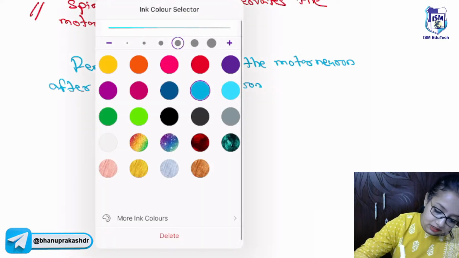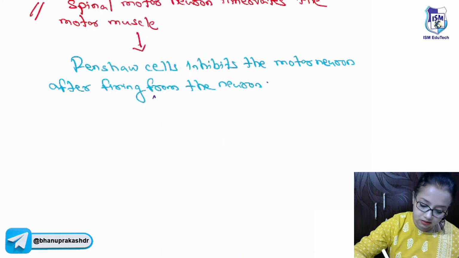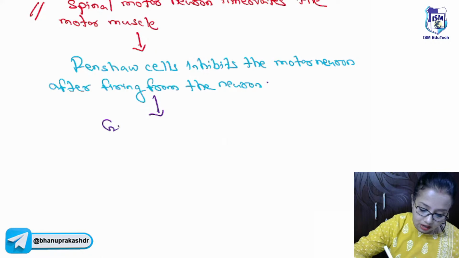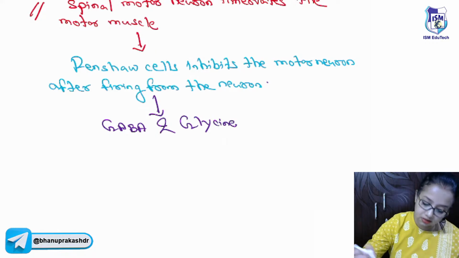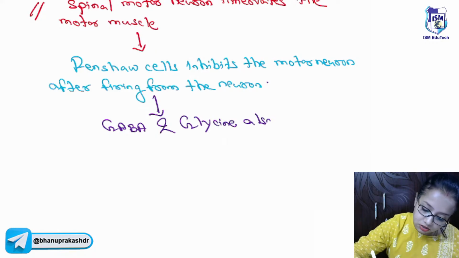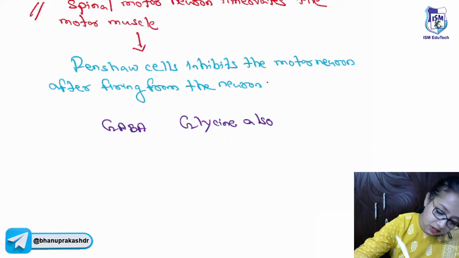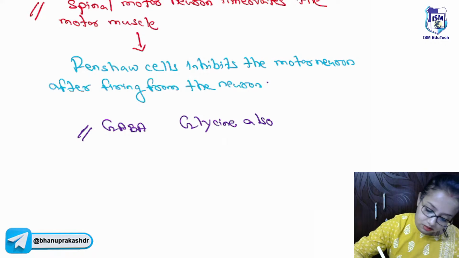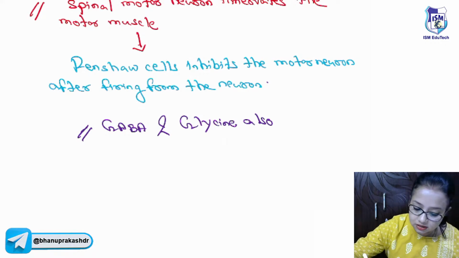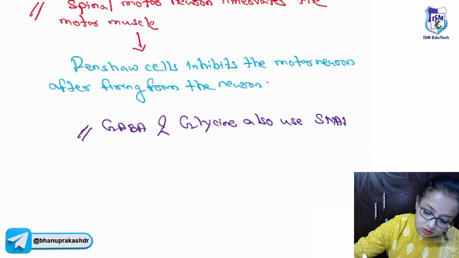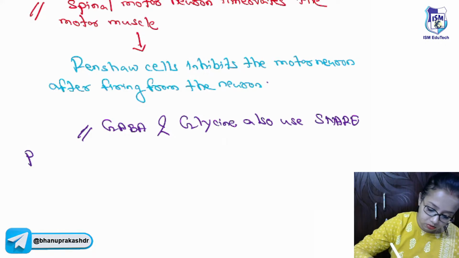On the other side, GABA and glycine also use SNARE protein.